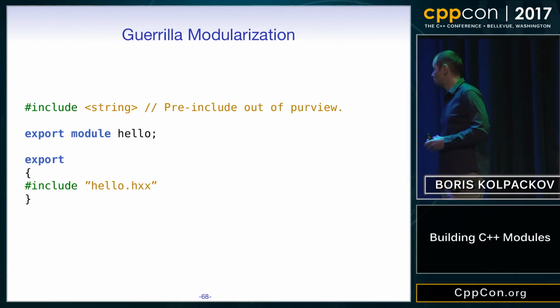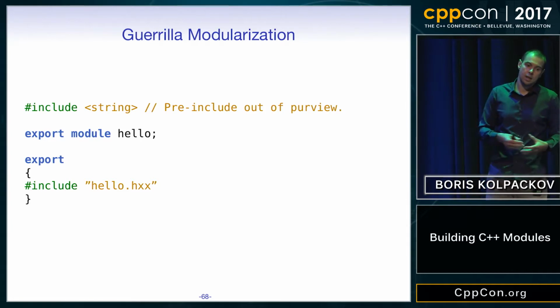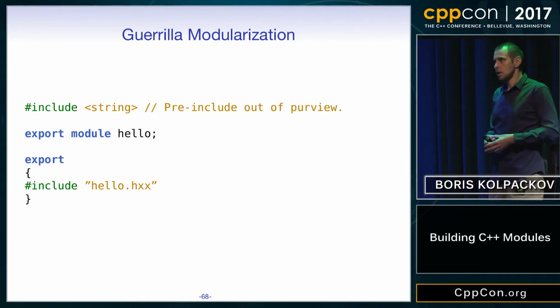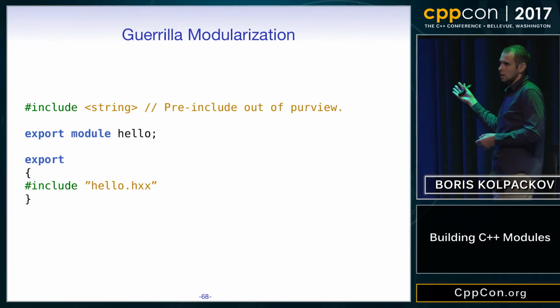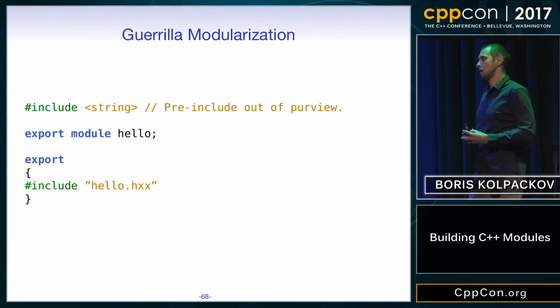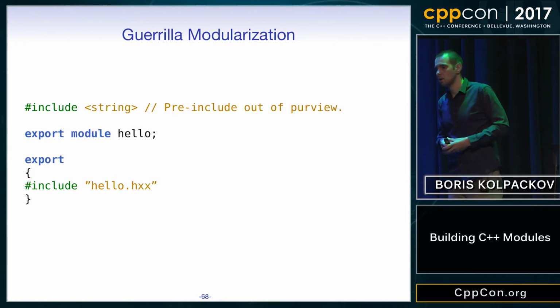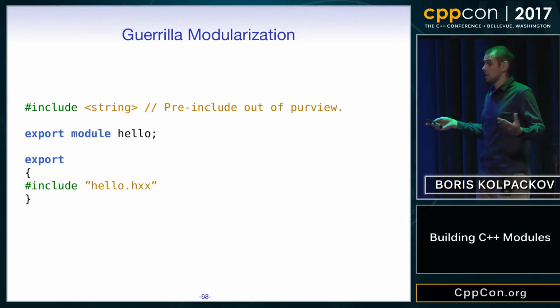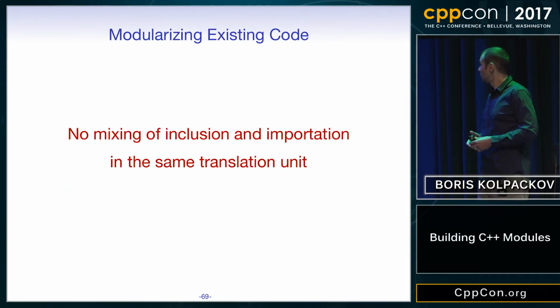So here we pre-include std_string with the assumption that the second inclusion inside the header is going to be ignored. Needless to say, this is very brittle. I don't recommend it except for some prototyping or exploratory modularization. But sometimes you have to do what you have to do.